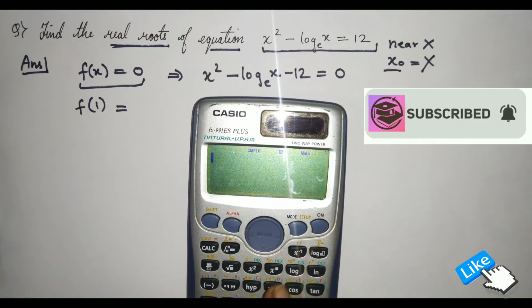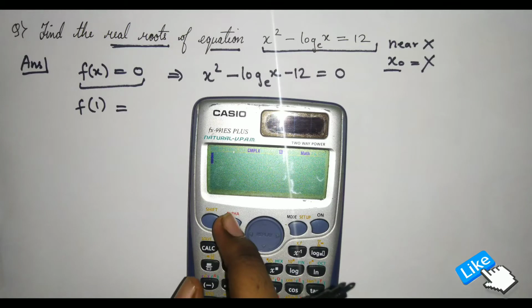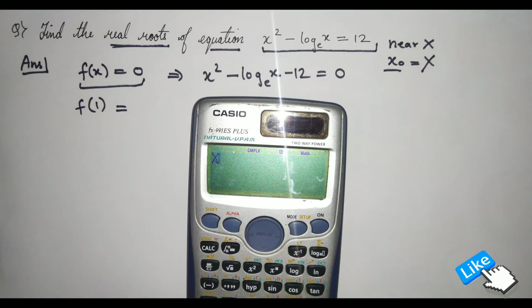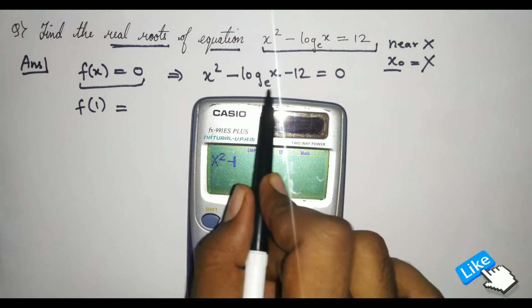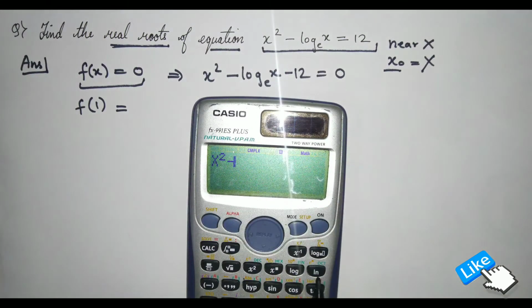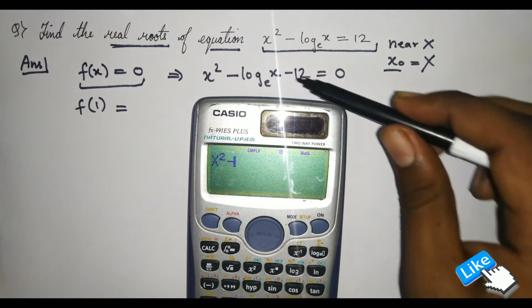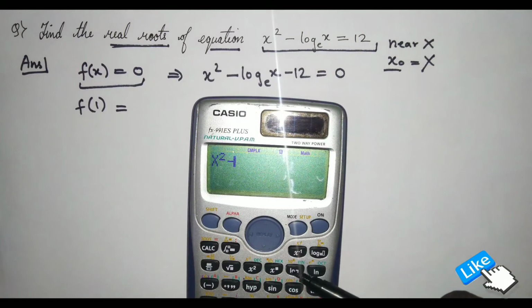This is x square minus log base e x minus 12. Here you have to use ln, not log. Log is base 10; if it is asked for base 10, you have to press the log button. If it is asked only for base e, you have to press the ln button.